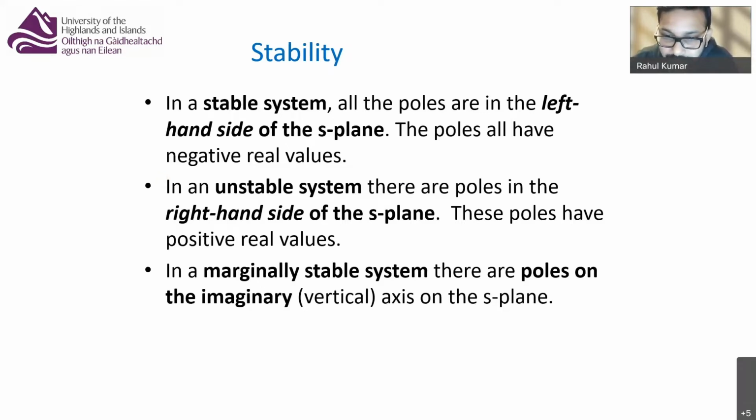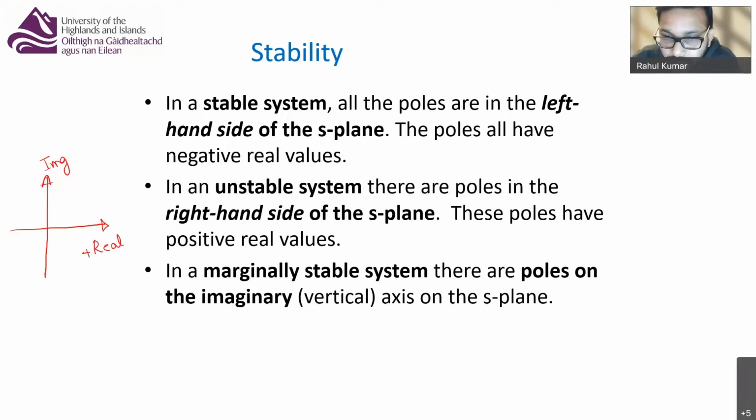Just to remind you, the S-plane is simply your XY plot, where the x-axis represents the real axis and the y-axis represents the imaginary axis.